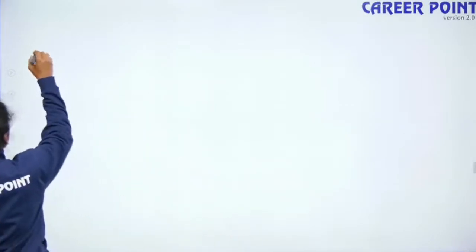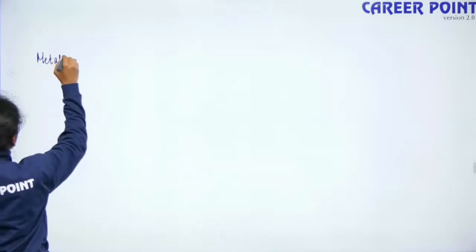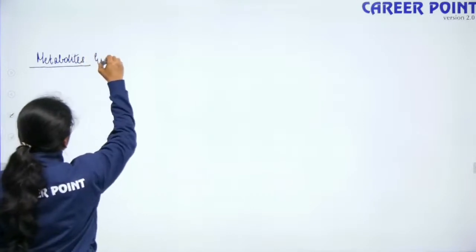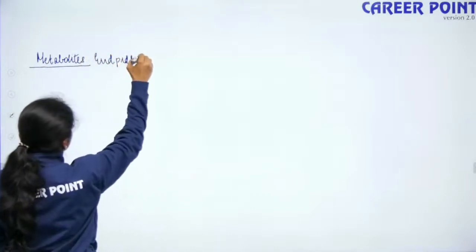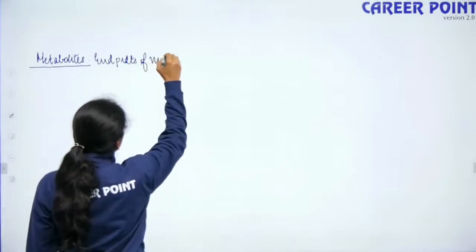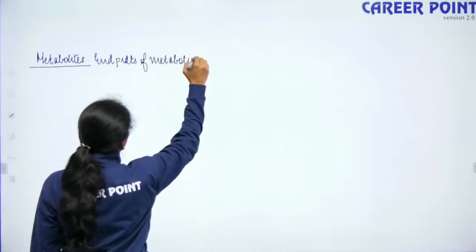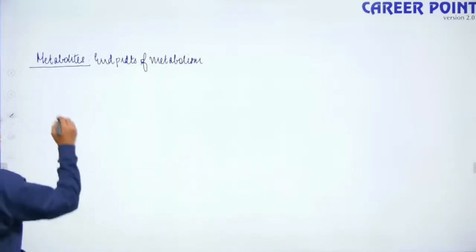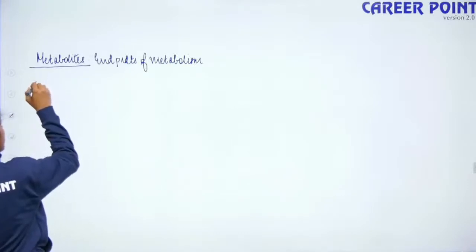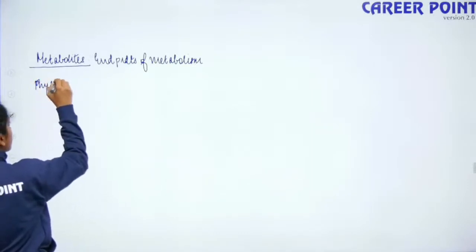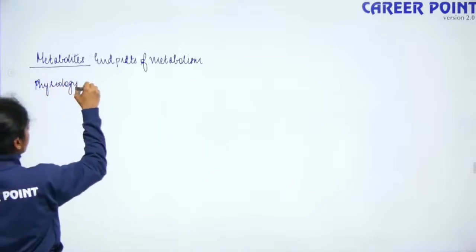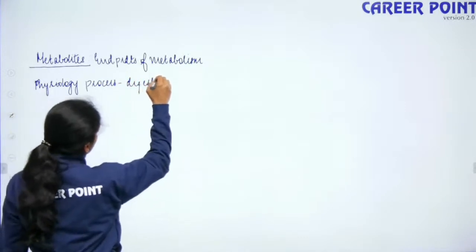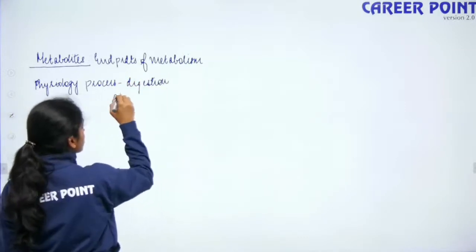First, metabolites are end products of metabolism. Alright, so the end products of a physiological process, say for example digestion, the end products of digestion are amino acids.